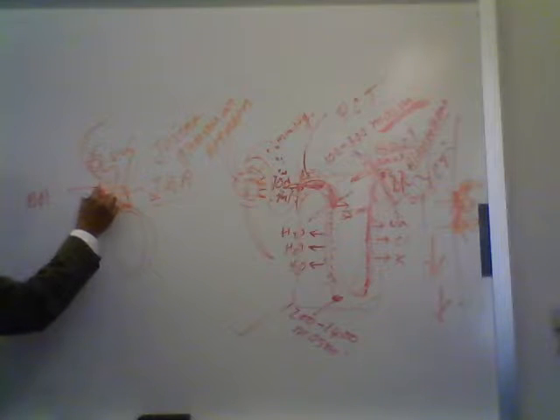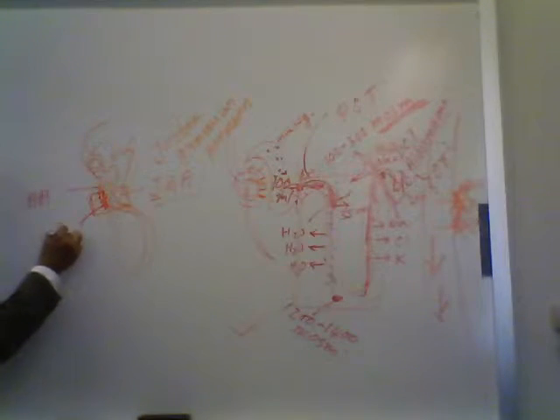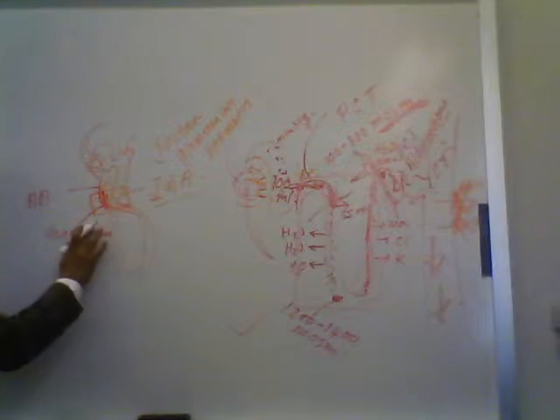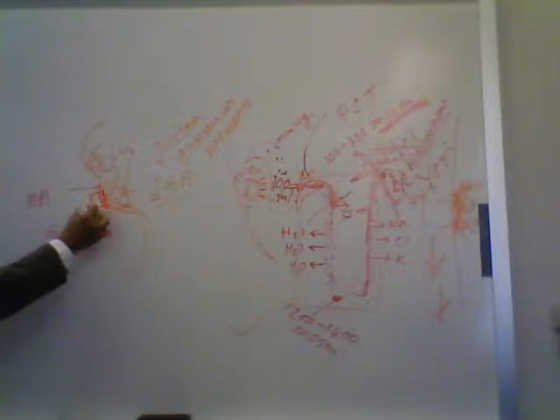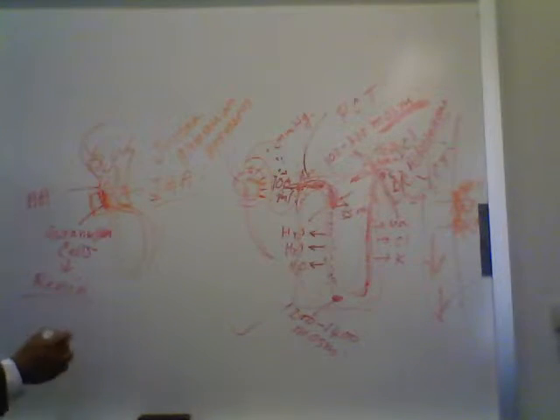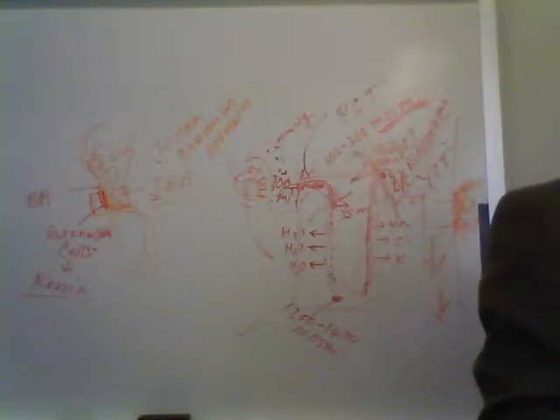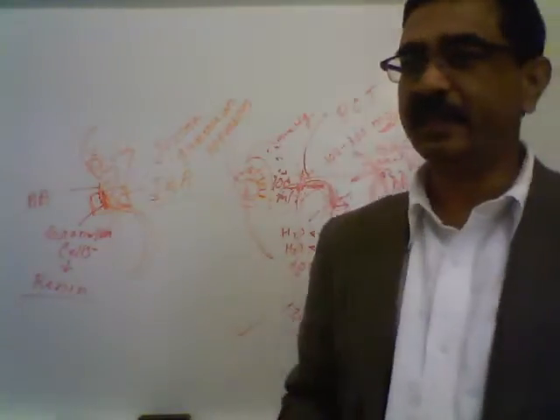And these cells are called the granular cells. These granular cells release renin, the chemical. So the granular cells of the wall of the afferent arteriole produce renin.